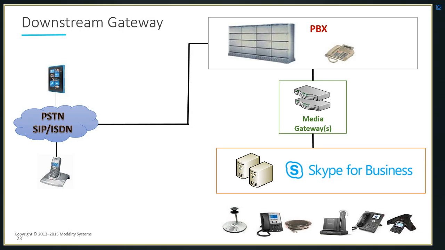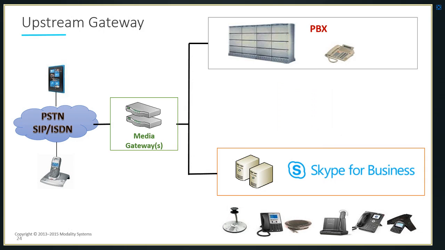So the first slide we've got is what we class as a downstream gateway deployment. This is using a media gateway of some kind. At the moment there are 3 main providers of media gateways and a couple more smaller companies, but the 3 main ones are Sonus gateways, AudioCodes, and Acme Packet, and each of them has the same capability, but certainly some are better than others at certain elements.